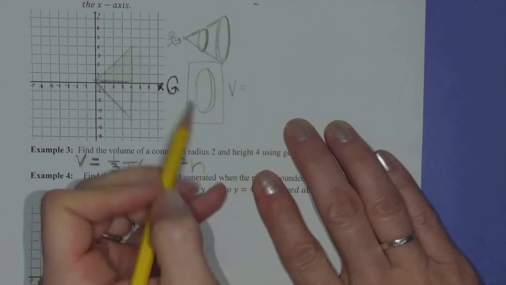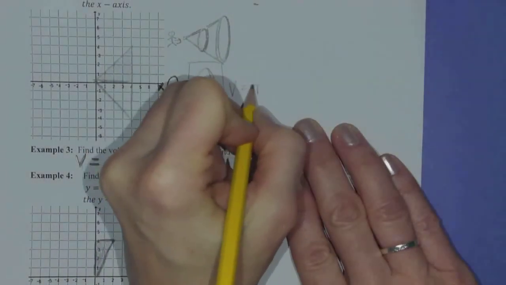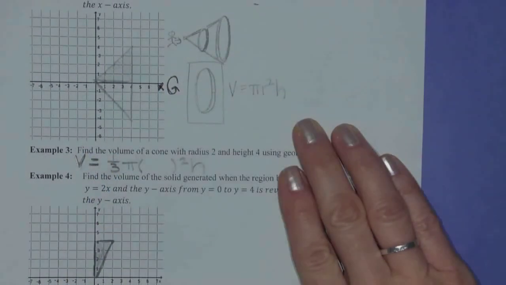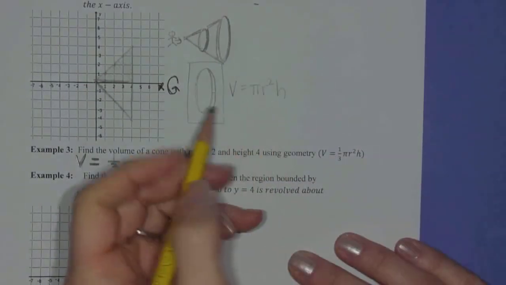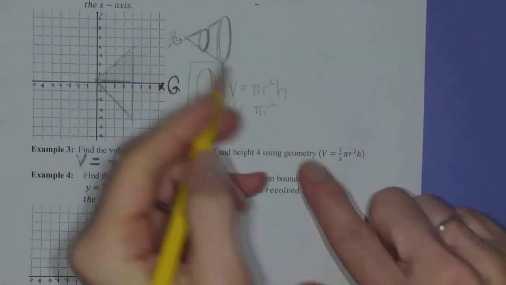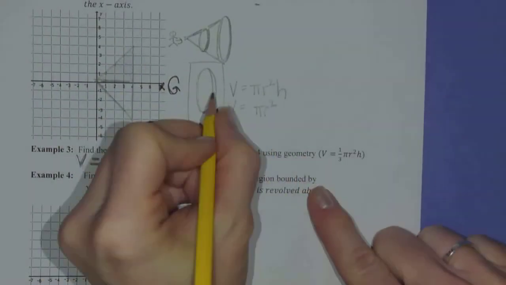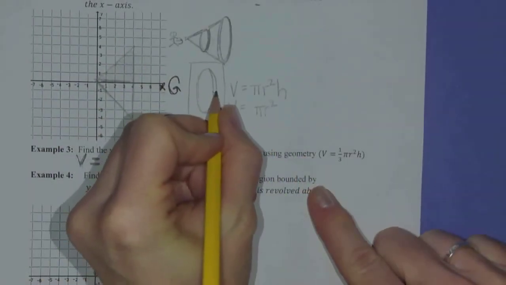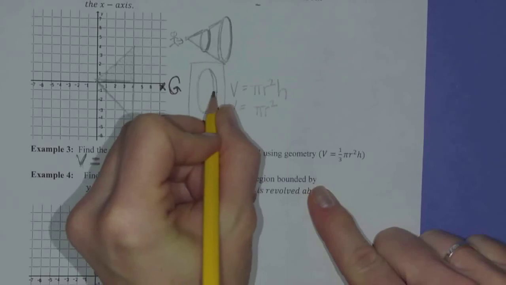So the volume of a cylinder is pi r squared h. So in our case, pi r squared, now the h, do you see how this is running horizontal?